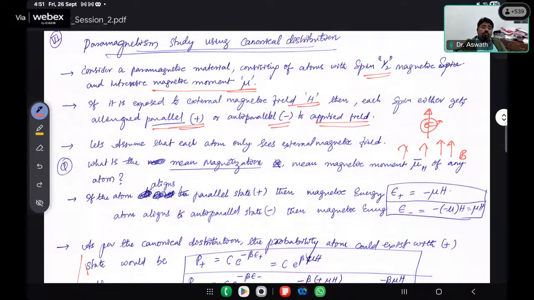So if the electron arranges parallel to the applied magnetic field, I will associate an energy E plus with a minus mu H. This we did already. If it arranged the opposite way, overall energy is mu into applied magnetic field.